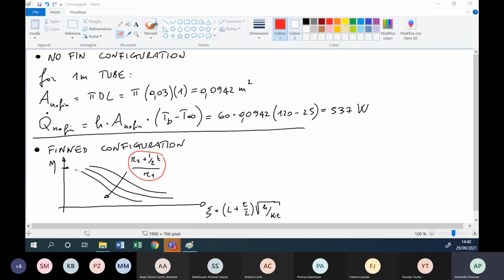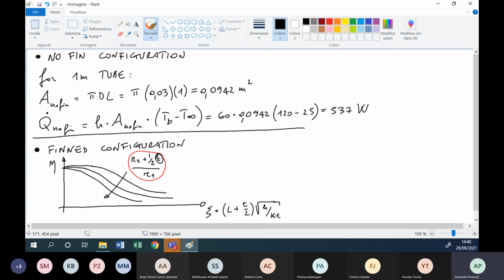It's a graph which represents the efficiency of this type of finned surface, that means a circular fin applied to a circular, cylindrical pipe, expressed as a function of different geometrical parameters. You can see here, for example, this is a geometrical parameter that takes into account some parameters.